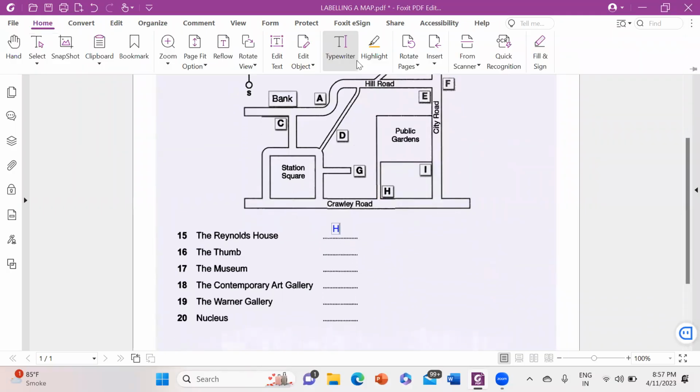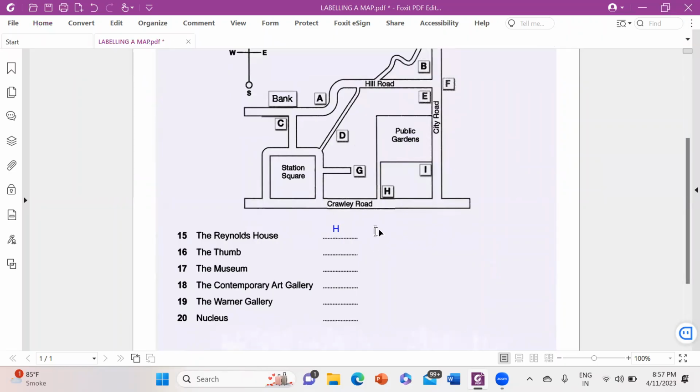What did they say for question number 16, guys? They said you will see it on Hill Road, across the road from the bank.